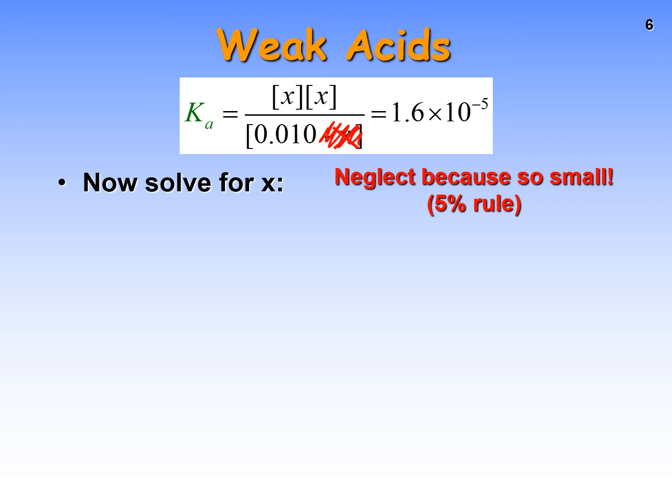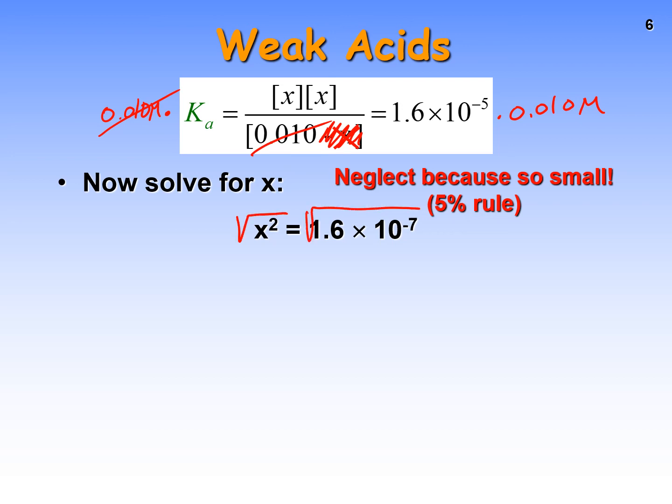To simplify this a little bit more, I can multiply both sides by 0.01 molar, and this will cancel this guy out. Then I'll get x squared is equal to 1.6 times 10 to the negative 7, which is relatively simple to solve, right? We just square root both sides, and we get x is equal to 4.0 times 10 to the negative 4.